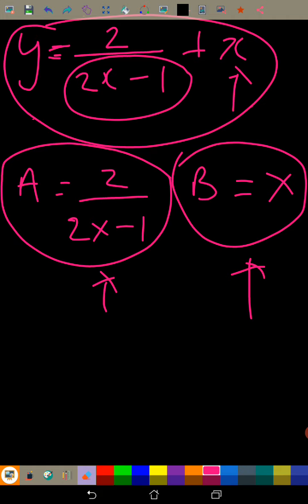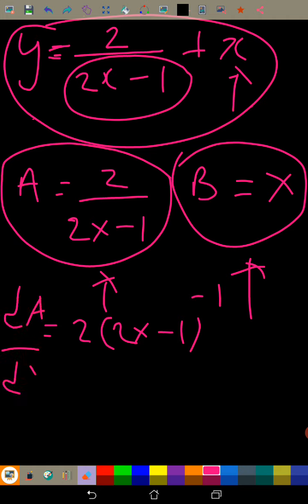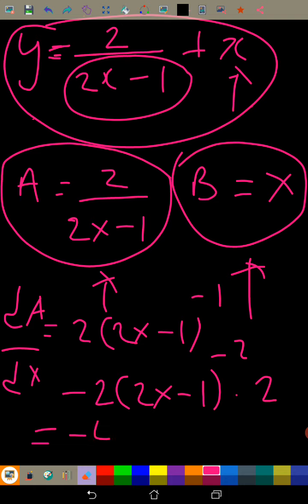And in this one, because it's down here, we actually could do it like this. Wait a second, I have done such a thing before. So if I have to do dA by dx, how do I do this? I just say 2x minus 1 to the power of minus 1, differentiated gives minus 2 times 2, which is minus 4, times 2x minus 1 to the power of minus 2.